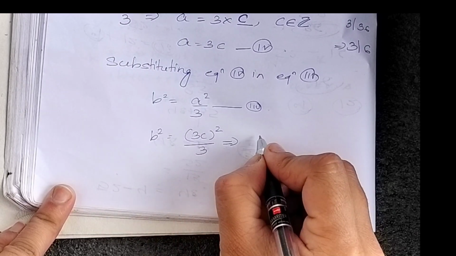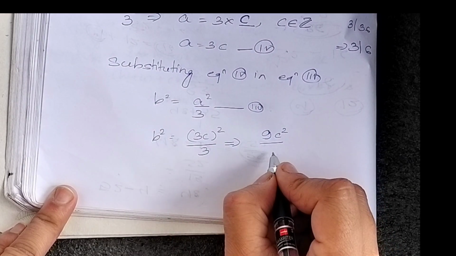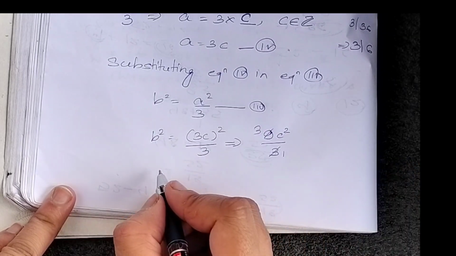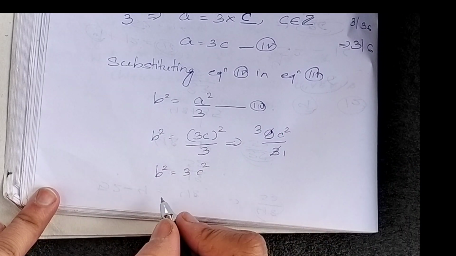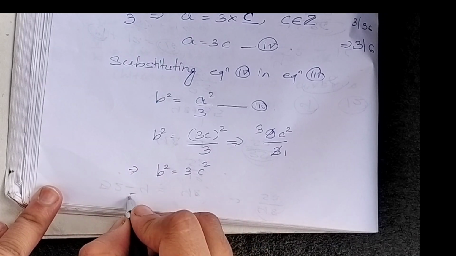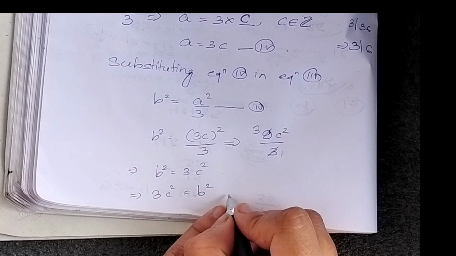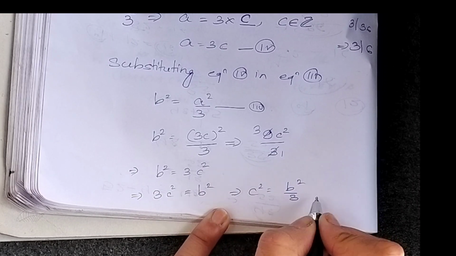Which equals 3 square, which is 9, and c square is c square, divided by 3. Here 3 ones are 3 and 3 threes are 9. So b square equals 3c square. So we can write 3c square equals b square, which implies c square equals b square by 3.